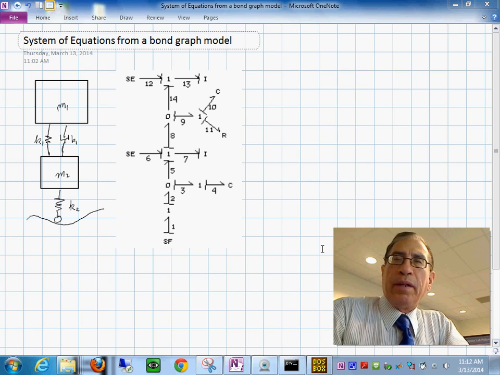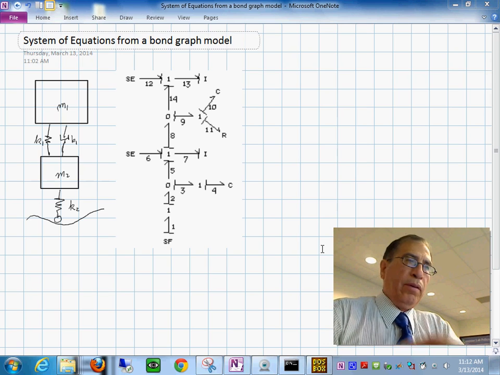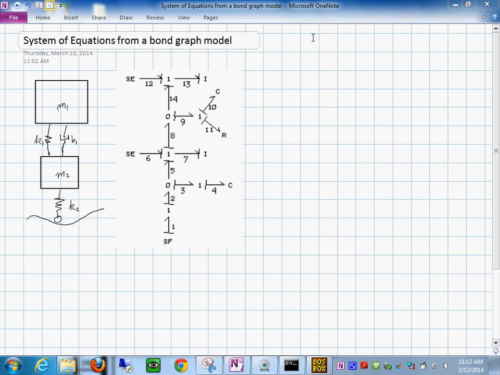But there is a third form called state space form, which is derived from that. And we will see all these forms as we go along with this example that you see on the left-hand side. So the very first thing we're going to do is write a set of steps. So why don't we just go here, say steps, to derive equations.